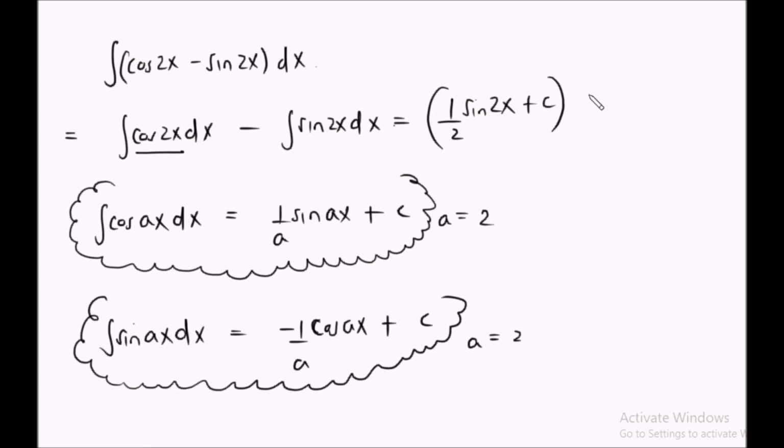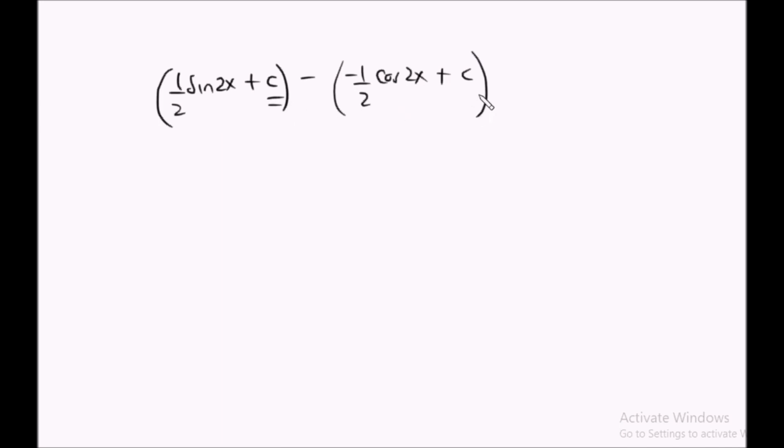So we have our minus here, minus hapa sasa ni negative 1 over a, ni 2 pia, lakini sasa ni cos 2x plus c. Okay, so tumefika mahali tumesema itakuwa 1 over 2 sin 2x plus c minus negative 1 over 2 cos 2x plus c.